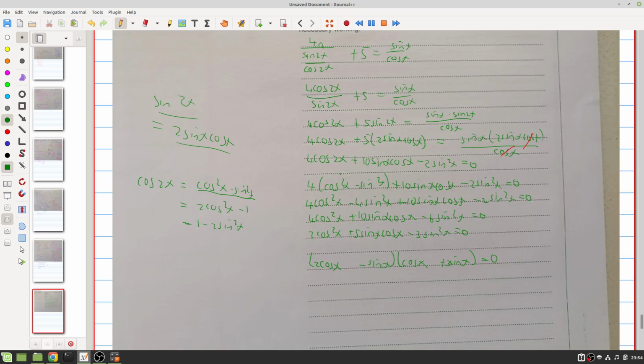So here we can say this means that that's 0. So 2 cos x equals sin x, right? If we just take the minus sin x over, it becomes plus sin x. And then let's divide both sides by cos x. So we divide by cos x, we get 2 equals tan x.